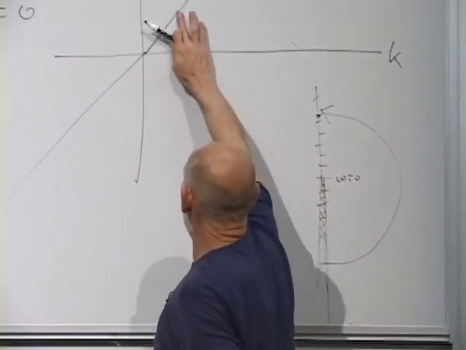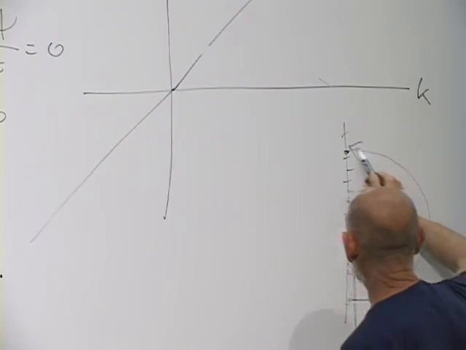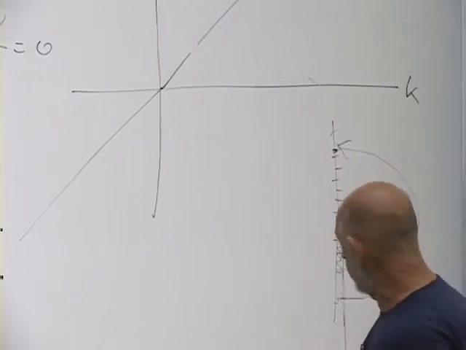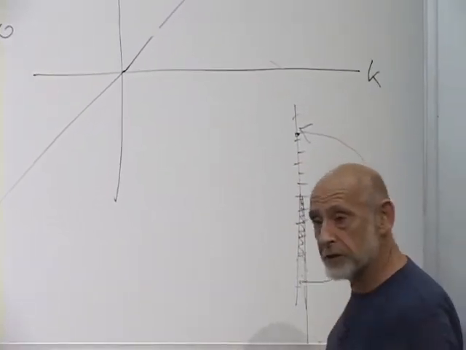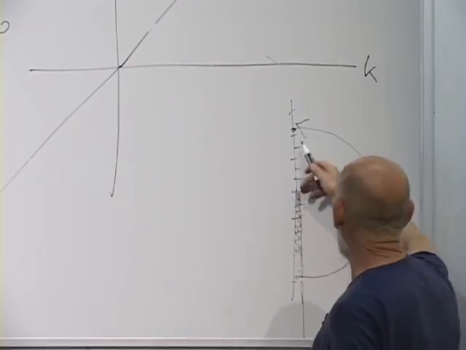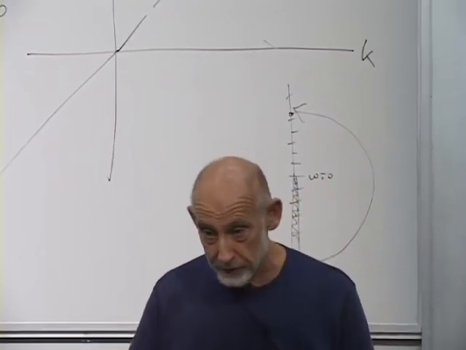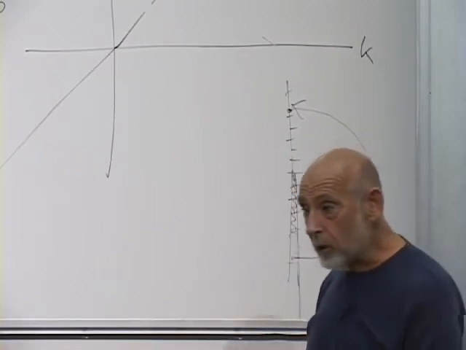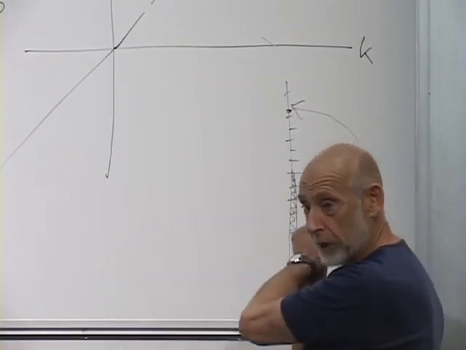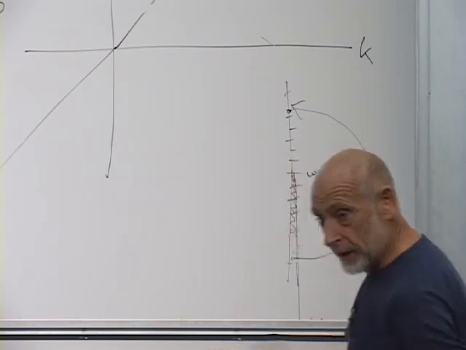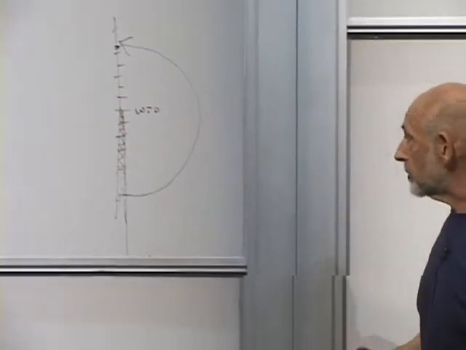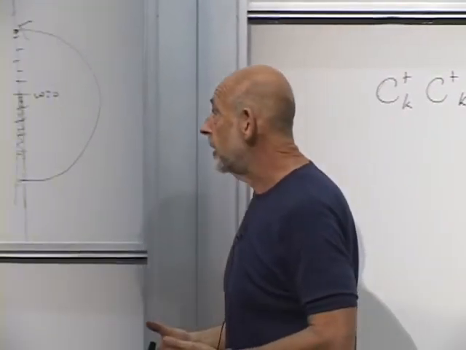In fact, we create two things: a hole with positive momentum and positive energy, and an electron with positive momentum and positive energy. So both the holes and the particles move to the right. They both have positive momentum and positive energy.